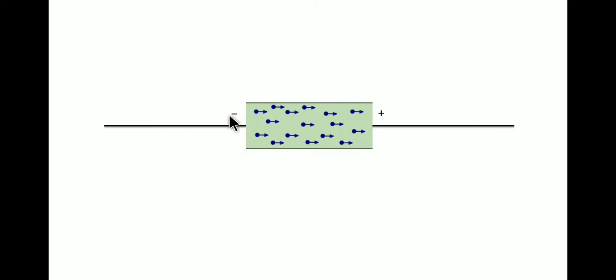So from the negative terminal, because the electrons are negatively charged, they will move away and get attracted towards the positive terminal, because unlike charges attract each other.